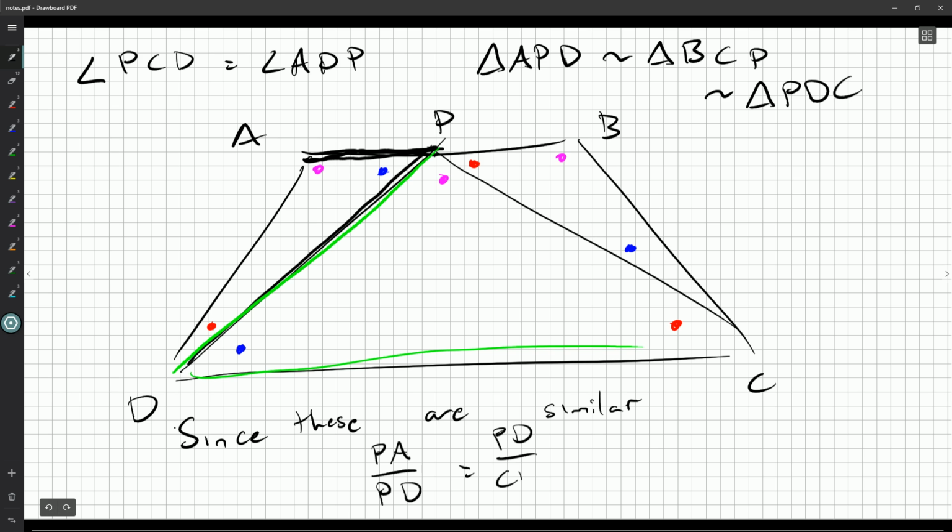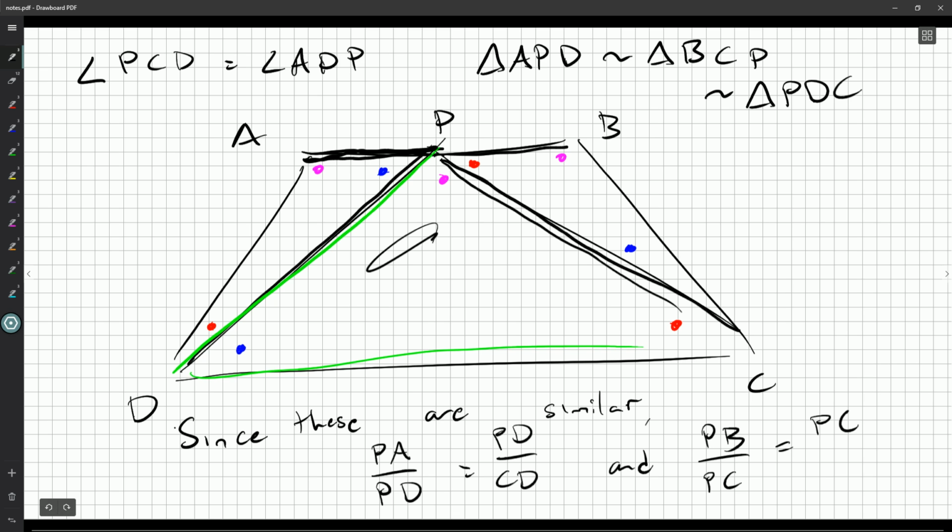And we'll get another one as well. We can do the same thing with PB: red pink is to red blue, as red pink, which is now PC in the bigger triangle, is to CD. So now I can rearrange and say, all right, PA is PD squared over CD, and PB is PC squared over CD.